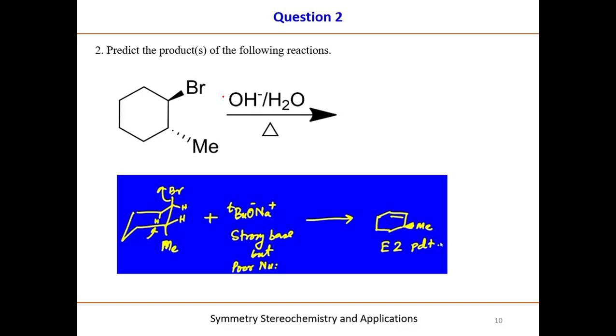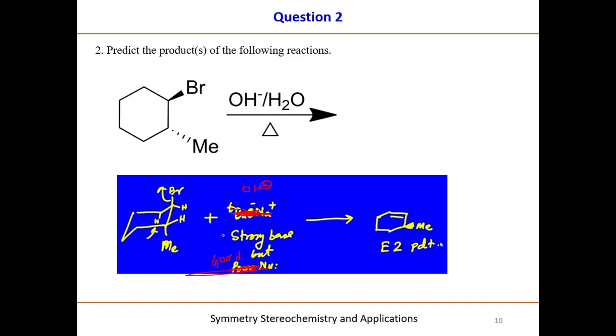It's a strong base and a strong nucleophile. OH minus is a good nucleophile.